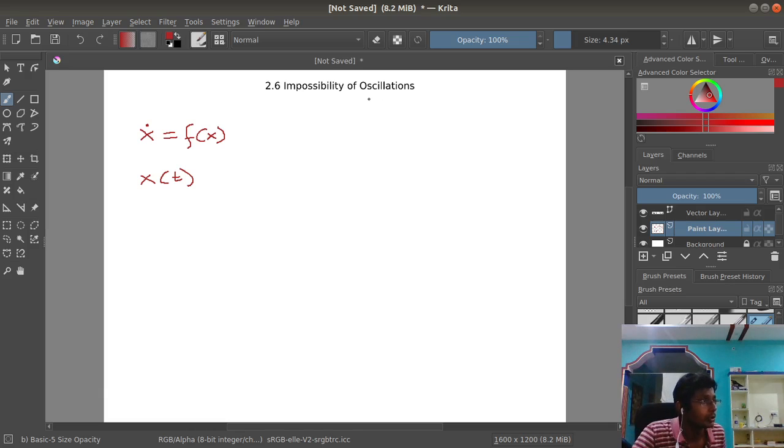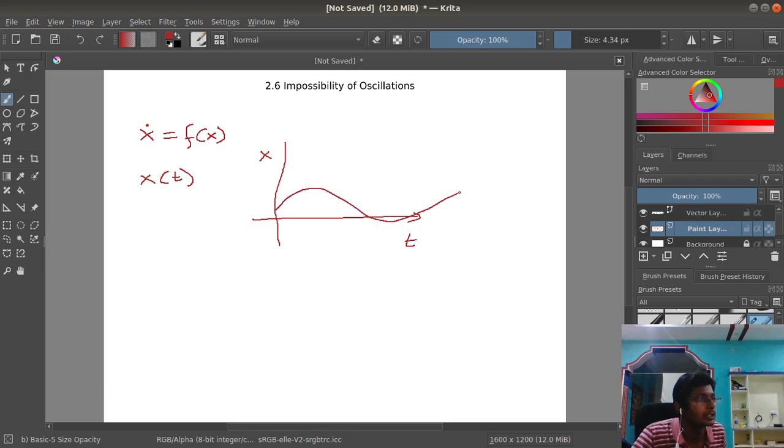So in order to understand why it is impossible, first let's understand what is oscillation. Let's say there is a system and the solution exists for the system, and the solution is given in this manner.